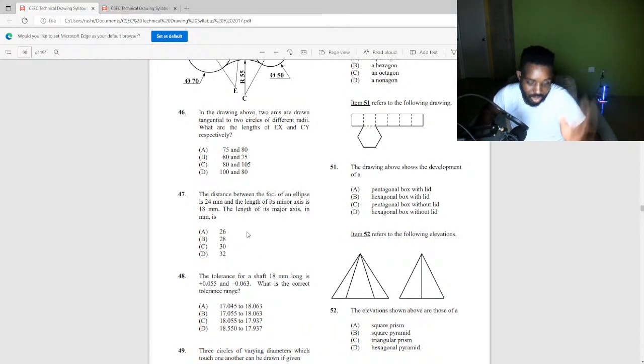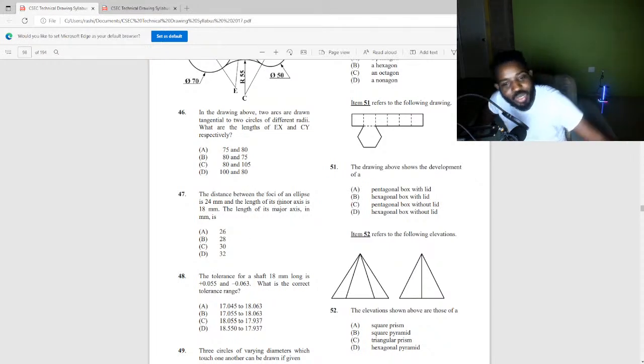24. And the length of its minor axis is 18. The length of its major axis in millimeters is what?